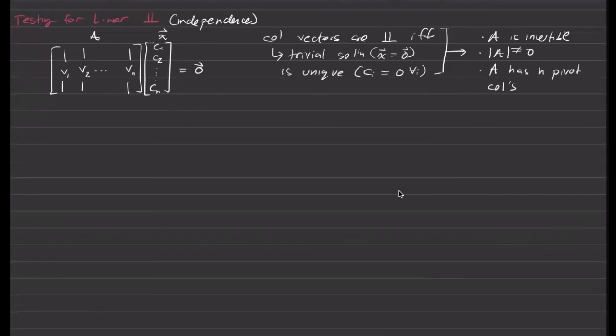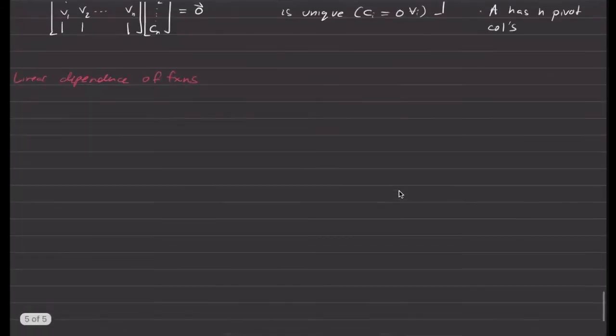Let's talk about linear dependence of functions next. Okay, so I have a set of vector functions: let's say v1 of t, v2 of t, a bunch more all the way up to vn of t.